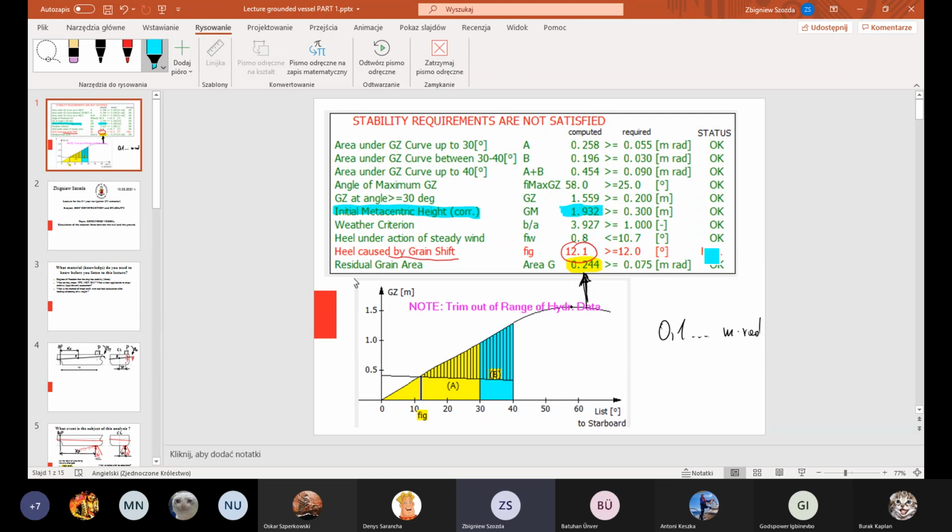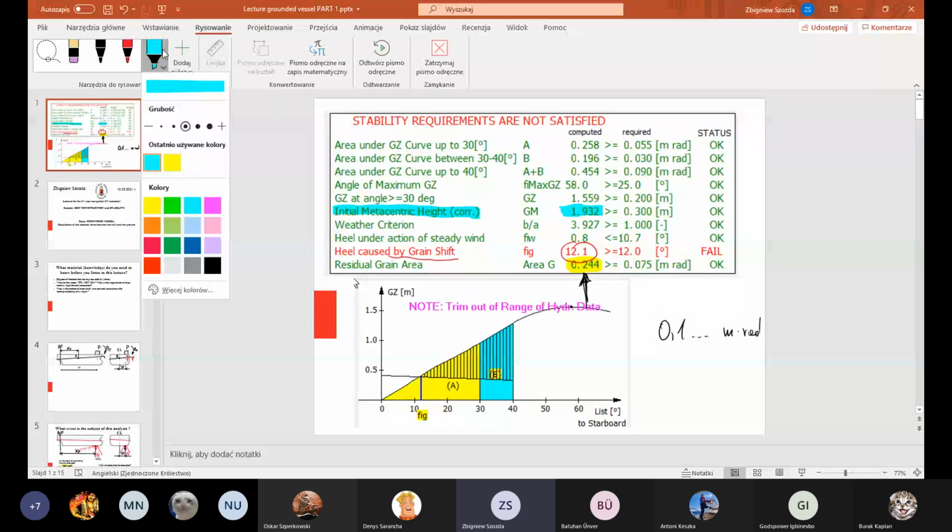If I may suggest something, I would encourage you to use this computer program in the meantime for different calculations, not only for carriage of grain in bulk, but also other calculations and see what happens with bending moments, what happens with shear forces, what are the results of different calculations in terms of fore draft, aft draft, mean draft, and so on, and see the tendency, what will happen if you change, for example, the position of the center of gravity, or if you fill a ballast tank, let's say to 50%, what will be the free surface correction, what will be the final vertical position of the center of gravity.